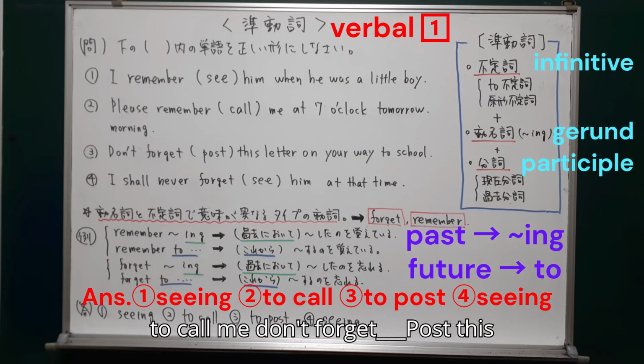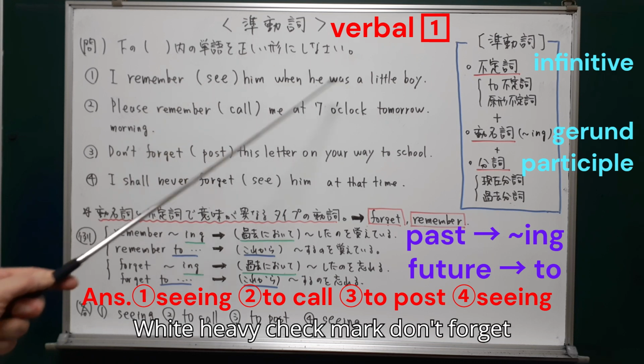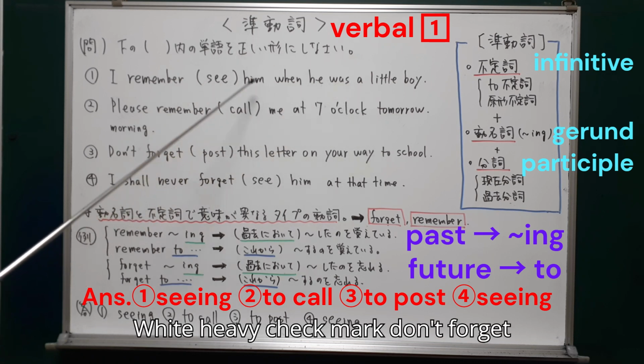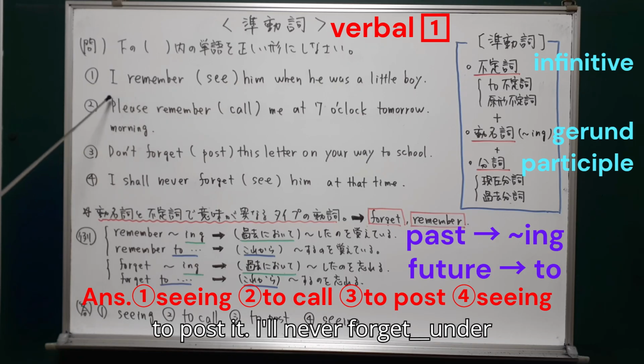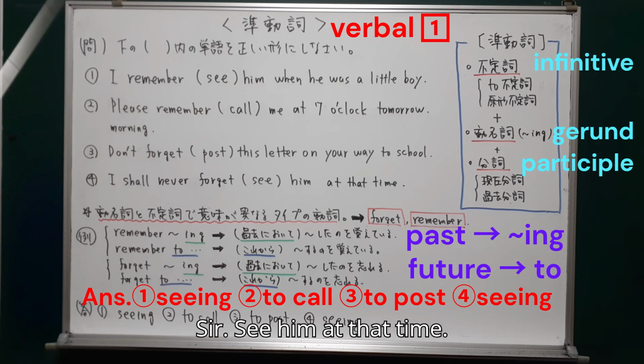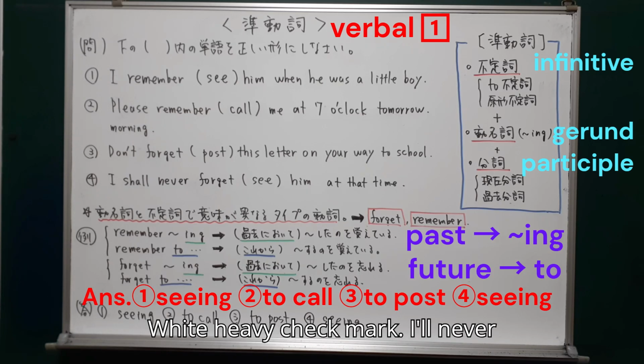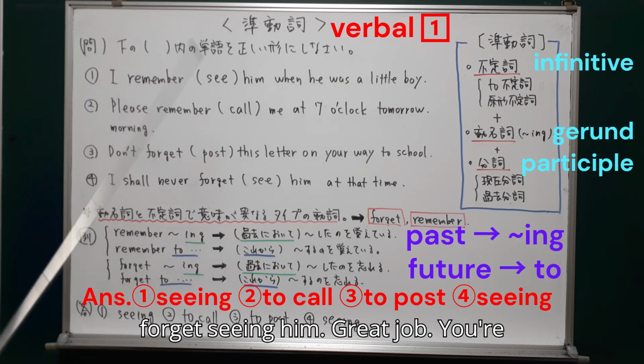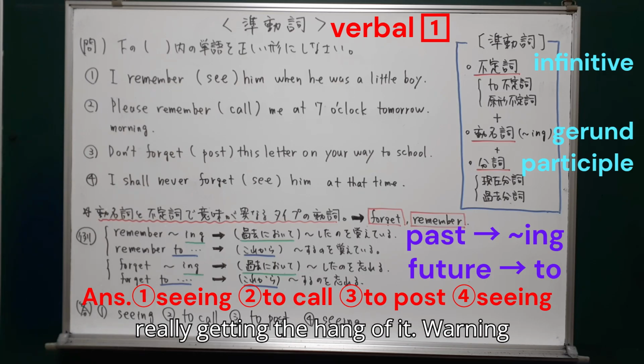Don't forget blank, post this letter on your way to school. Don't forget to post it. I'll never forget blank, see him at that time. I'll never forget seeing him. Great job. You're really getting the hang of it.